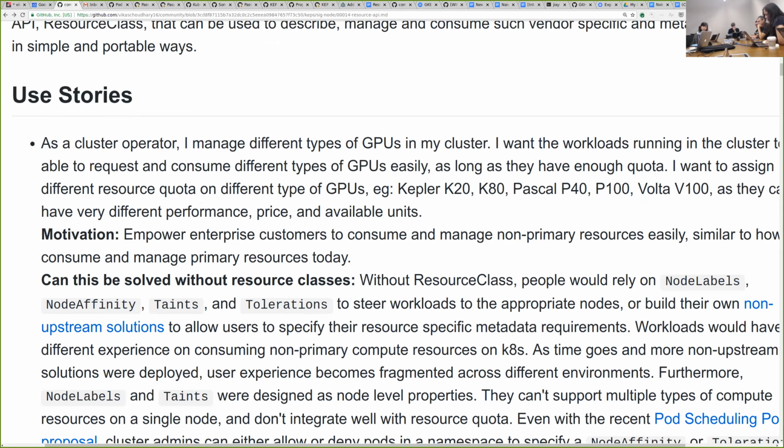For some of the large customers, they usually have a cluster with different node pools, and the different node pools use different types of GPUs. And I think it may be even more true on-prem, where people may have a cluster with different types of GPUs.